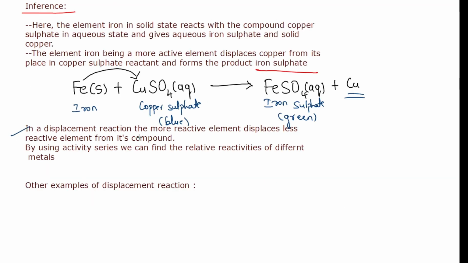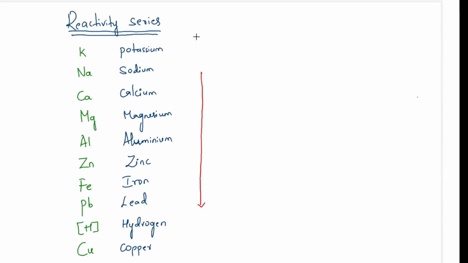Hence, in a displacement reaction, the more reactive element displaces less reactive element from its compound. But how to remember which metal is more reactive and which metal is less reactive? It is by using the activity series. By using activity series, we can find the relative reactivities of different metals. By using the reactivity series, you can easily remember which element is more reactive and which element is less reactive.